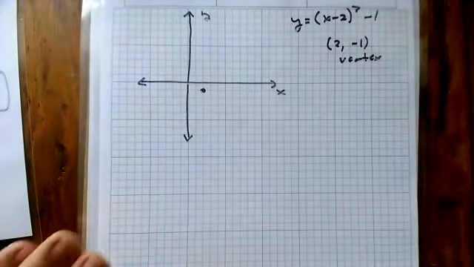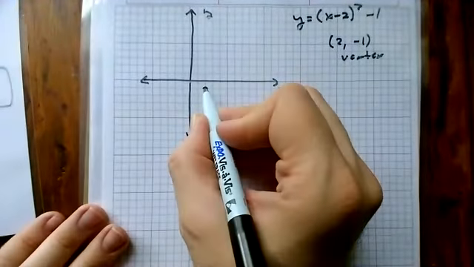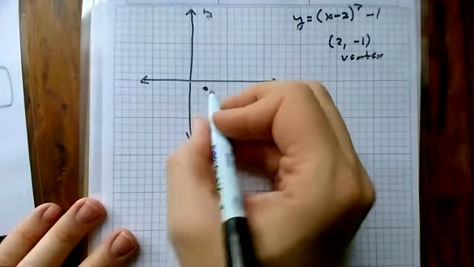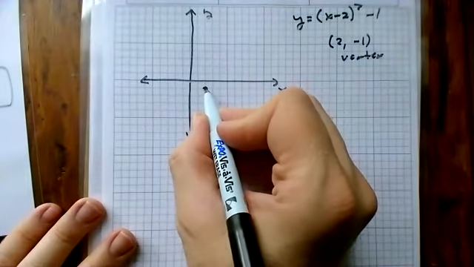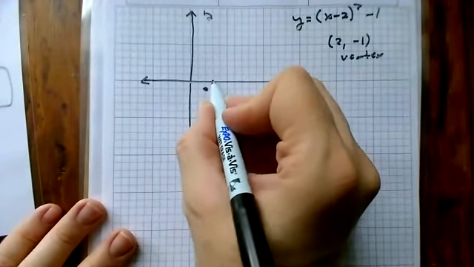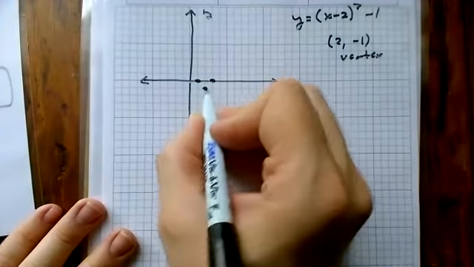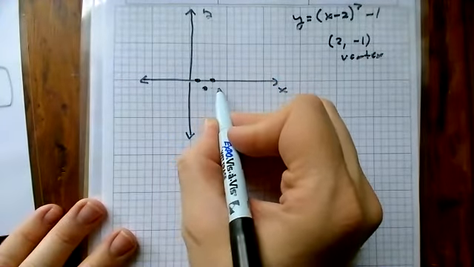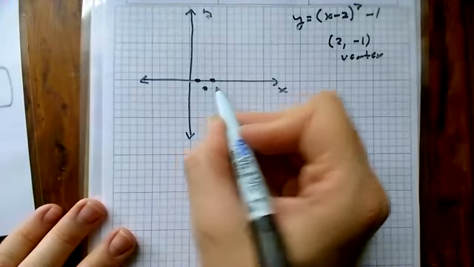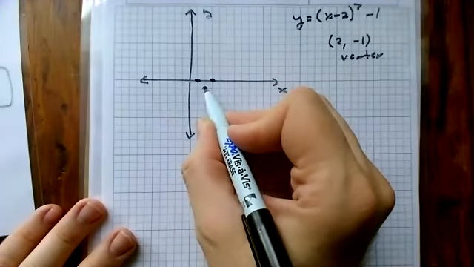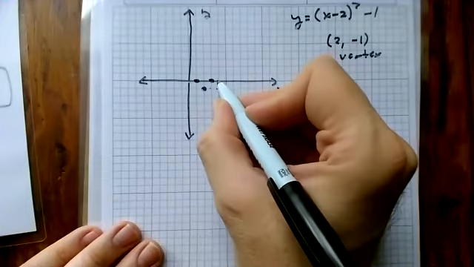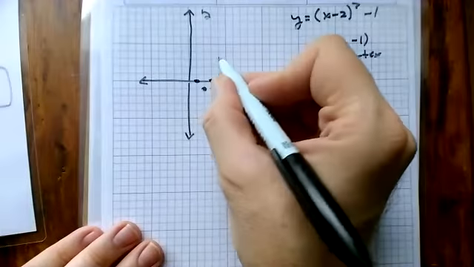And now that I have my vertex, I can move out from that. As soon as I move out 1, it's going to move up 1 squared. If it moves out 2, it's going to move up 2 squared, or 4.